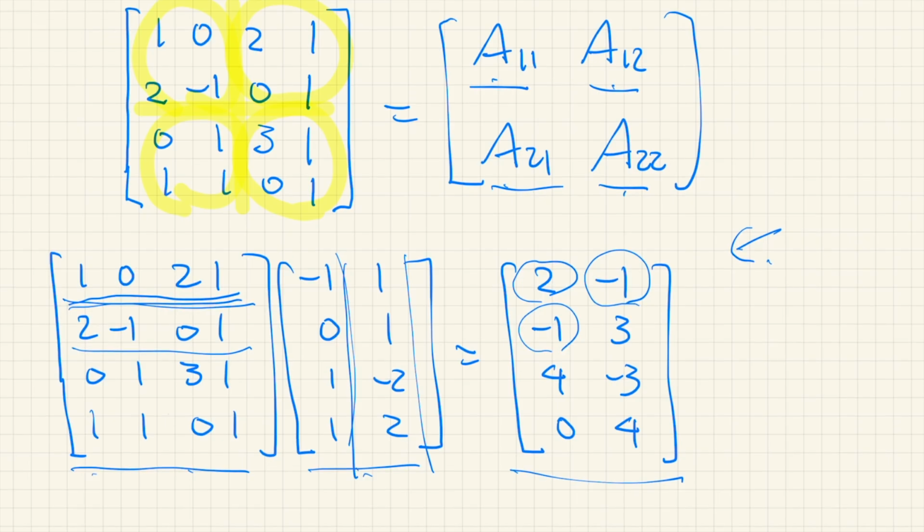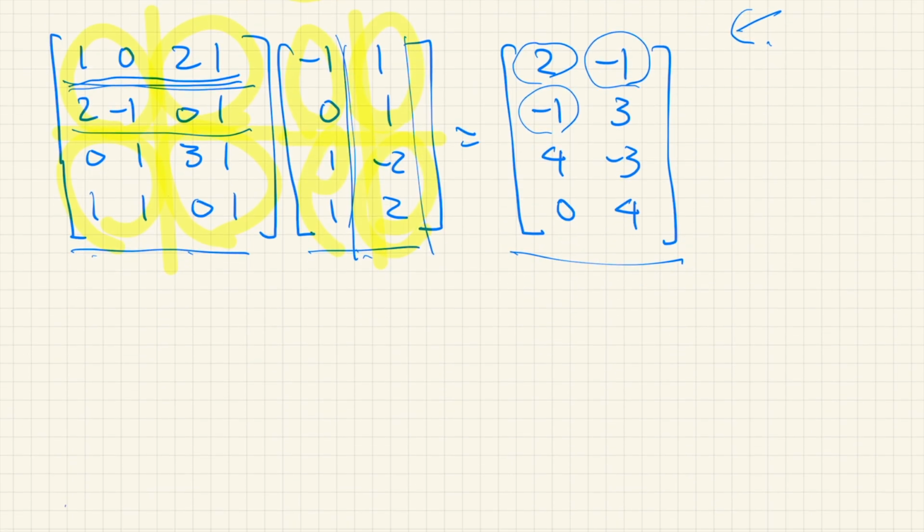For that, we split the first matrix into 4 blocks, and the second matrix into 4 blocks. So 1 block, 2 blocks, 3 blocks, and 4 blocks, and the same for the second matrix. So this would be written as A11, A12, A21, A22.